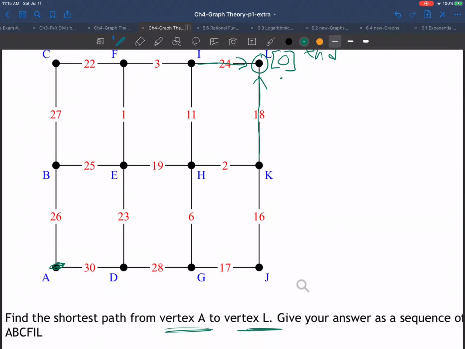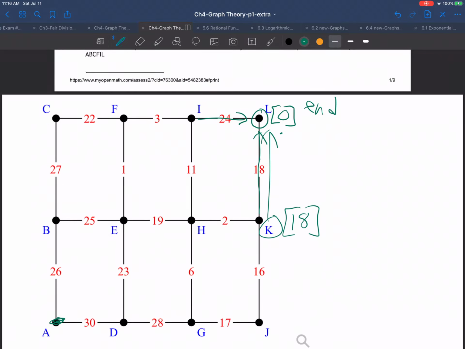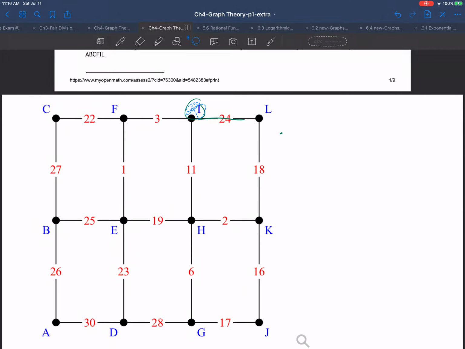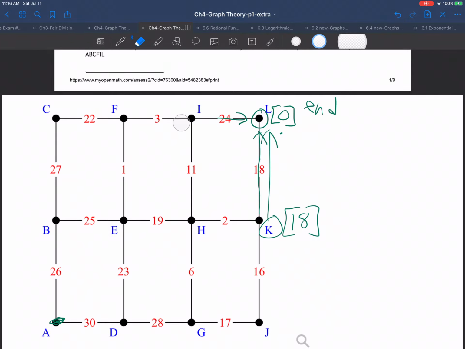Okay, so how far from K to the end? Well, 18. Right? Put an 18 there. And how far from I to the end? Well, whoops. That was a mistake there. Hit the wrong button. It's going to be 24, isn't it?